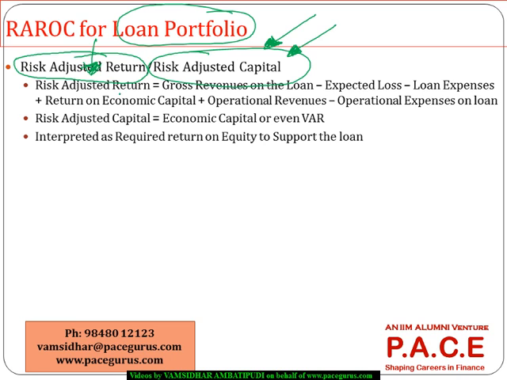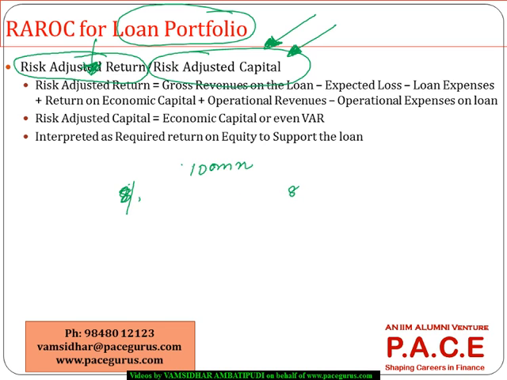Generally, for the formula for the risk adjusted return, you first identify the revenue you are getting on the loan. Say I have given a loan of 10 million, and probably I'm charging 8% interest on that, so 0.8 million.